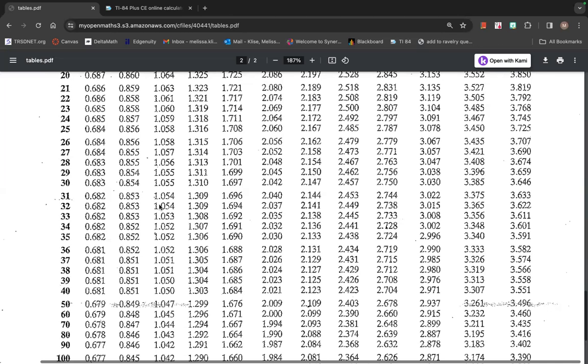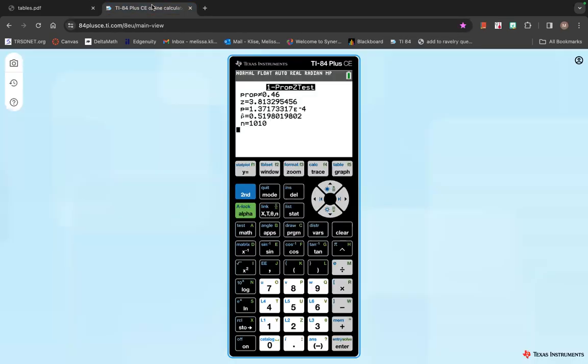In your calculator, you would use inverse T to find your critical value. So remember, inverse T is down here, on your second vars. Inverse T, 0.025, and then we will go degrees of freedom. We want n minus 1, so that'd be 44. Paste. Enter. Since this is a two-tailed test, both the positive and the negative are important.